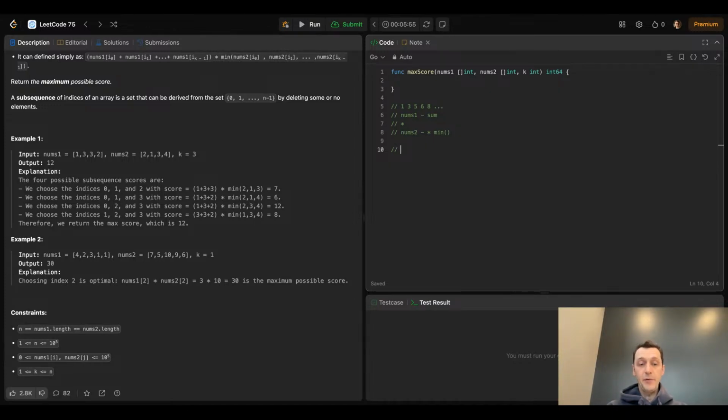Because if you have like 5 numbers, 1, 2, 3, 4, 5, and you can pick 3 different indices, so K is 3, K is 3, and yeah, 5 indices. Yeah, you can pick 1, 2, 3.